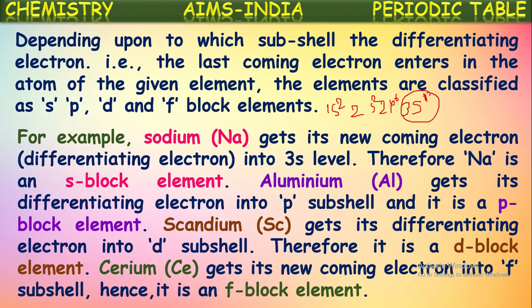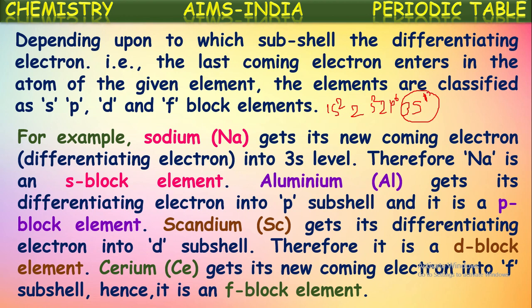Similarly, for scandium, its atomic number is 21. If you write the configuration, we can identify that its last electron, the 21st electron, entered into the d subshell. So we can say scandium is a d block element. In the same way, for cerium, the last or differentiating electron enters into the f subshell, hence it is called an f block element.